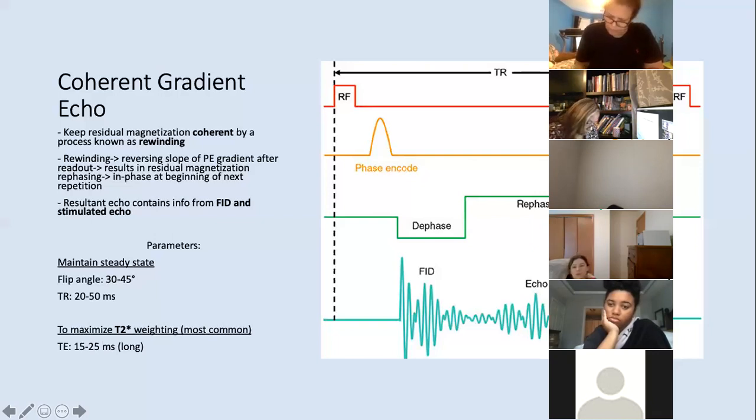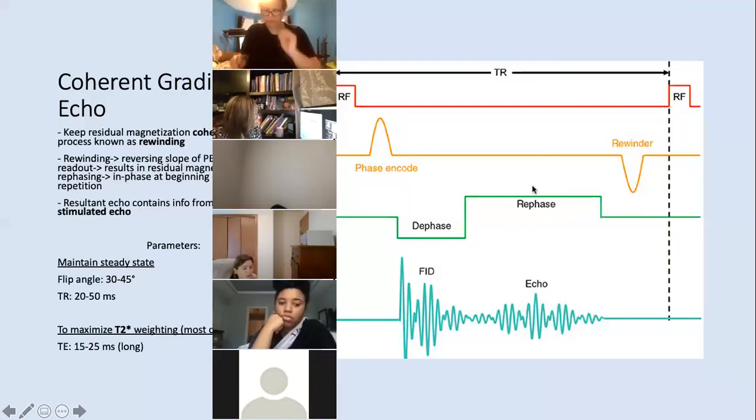After you've collected your peak echo at time TE, all this is doing is putting those spins that are slowly dephasing back in phase with each other by the time the next TR starts. So we're basically putting these spins that are dephasing after we've sampled at TE back in phase with each other before the next RF pulse.